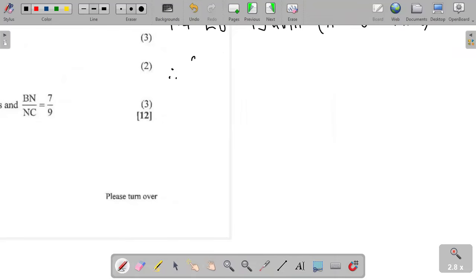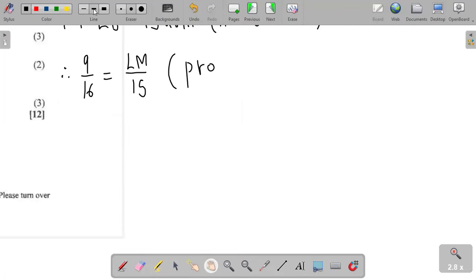Then we're going to say 9 over 16 will be equal to LM over 15. This is the proportionality theorem.